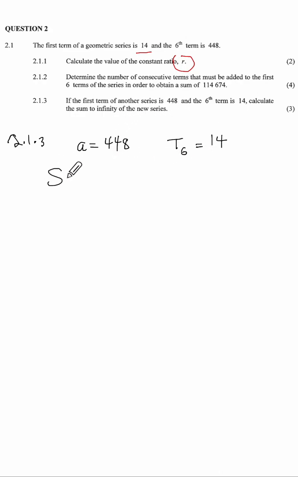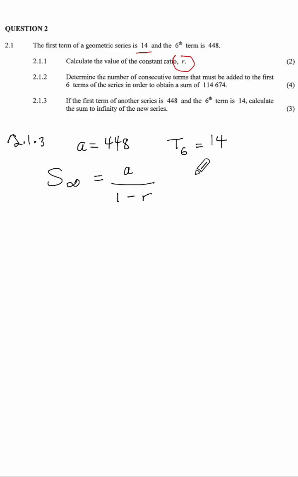So they want the sum to infinity. We know the formula for sum to infinity, which you can find at the back of your question paper. It will be a over 1 minus r. So in this case we do have a, that's 448, but we don't know what r is. So maybe to start we could find what r is using this T6.